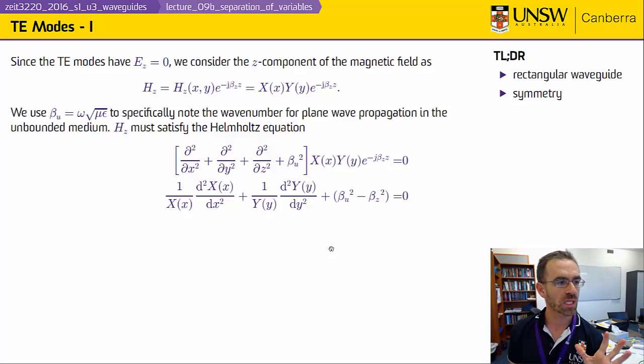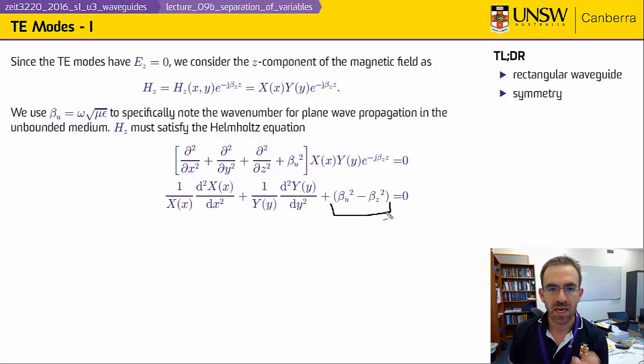Now, you're going to look at this and say, okay, why did you do that? How is that any better? And what I'll say to you is, let's take a look at these terms, term by term. This term here is a constant. It does not depend upon x or y. This term here only depends on y. And this term here only depends on x.